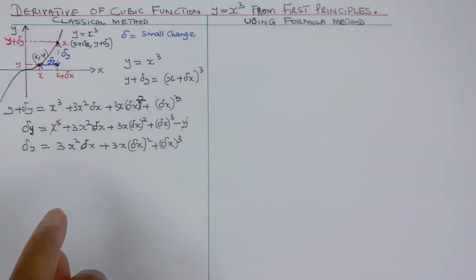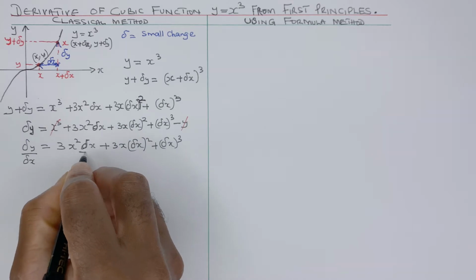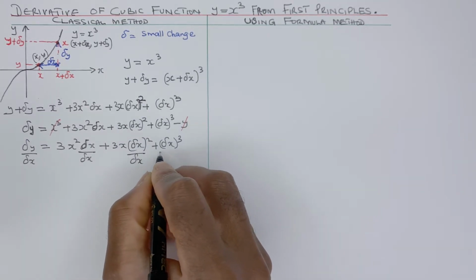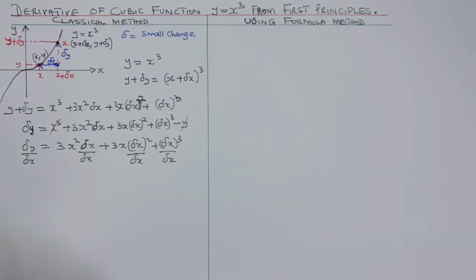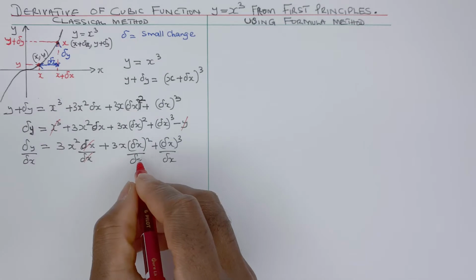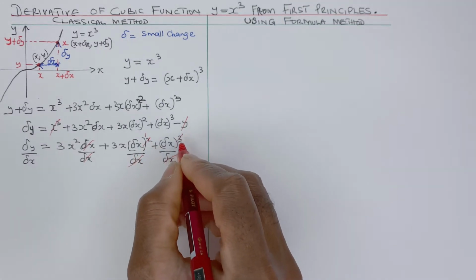Now I need to divide both sides by delta x, because that's what we're adding. So if I divide that by delta x, divide that by delta x, divide that by delta x, delta x cancels delta x, you get 1 left. That cancels, you get delta x left. That cancels, you get delta x squared left.